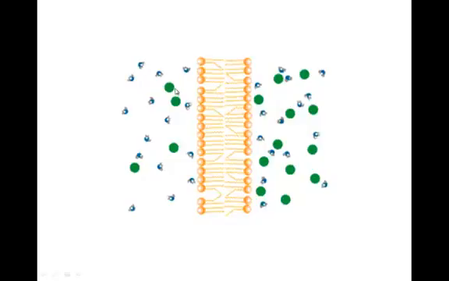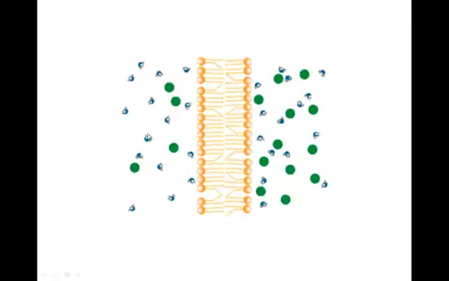The green represents the solutes that are here. And we can see on the right side that there are more solutes than on the left side. So this is more concentrated in terms of solutes. But because there's a higher concentration of solutes, there's a lower concentration of water on the right side. On the left side, because there is a lower concentration of solutes, there's a higher concentration of water, which is the solvent.